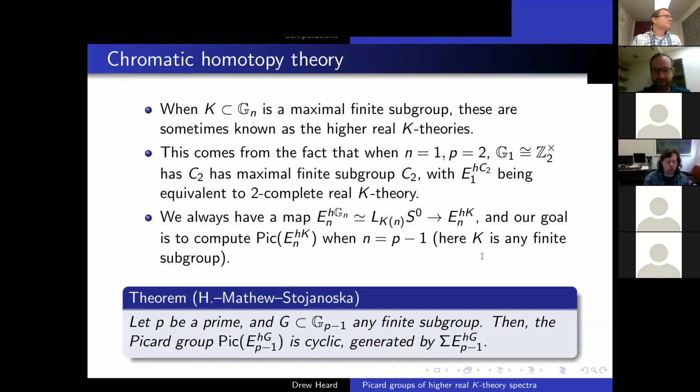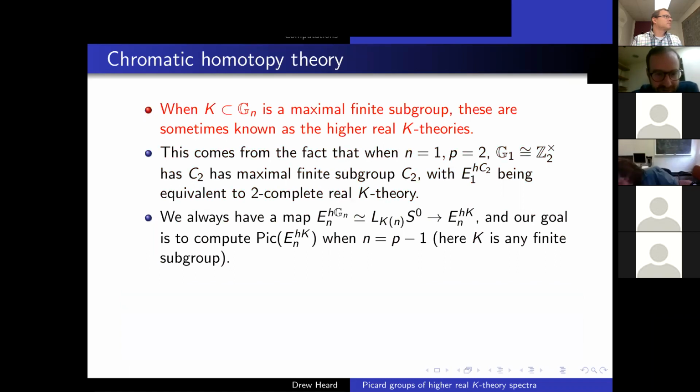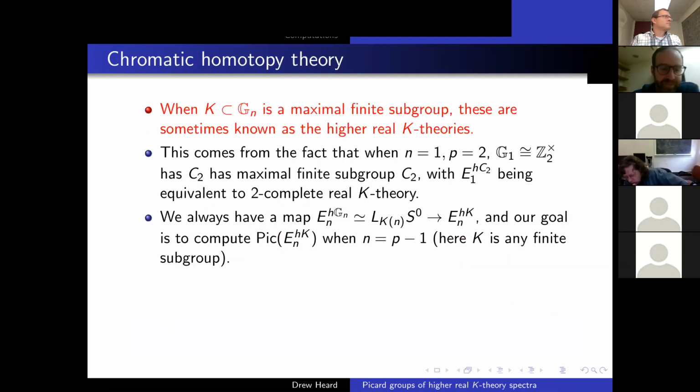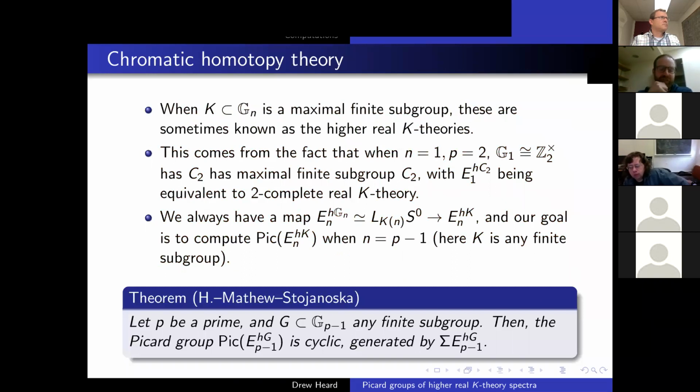The Picard group of the K_n-local category itself, as we saw back, is quite interesting. We can't see really any of the interesting stuff in these smaller Picard groups, unfortunately. But the calculation itself is still kind of interesting.